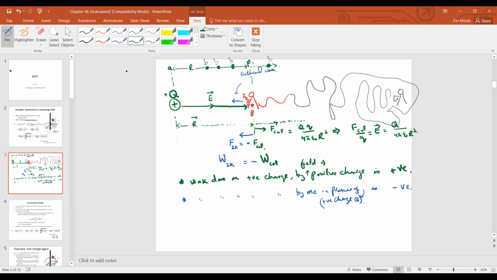So if you try to find the potential difference VAB, it would be the potential difference of VA minus VB. So really, we can calculate these potential differences.